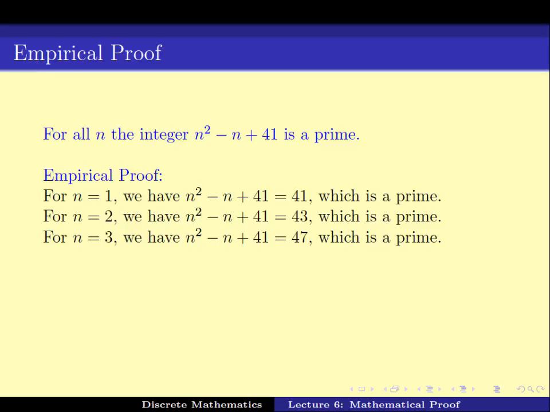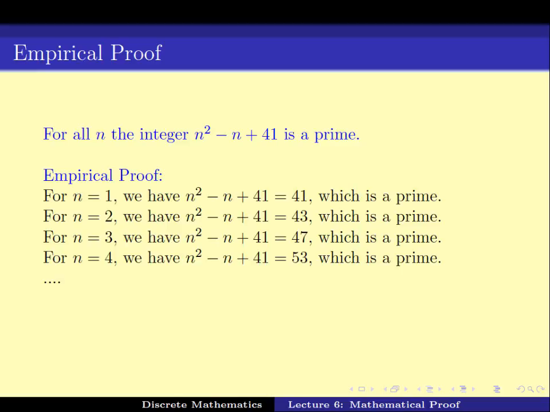Okay, great. One more step. Again, if n equals 4, you can check that the expression equates to 53, which is again a prime. And if you want, you can keep on checking. For example, n equals 5, 6, 7, 8, 9, 10, and so on. Go up to 20, 30, 40, and you will see that the statement is correct.